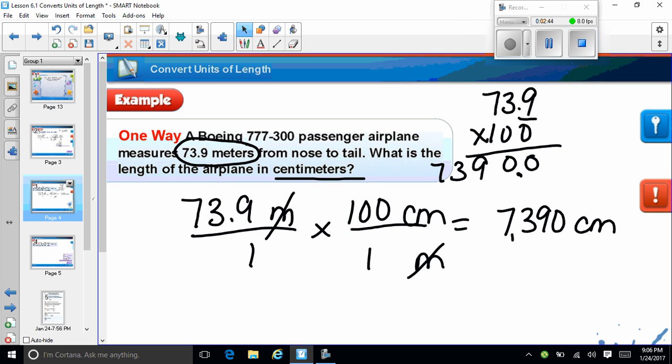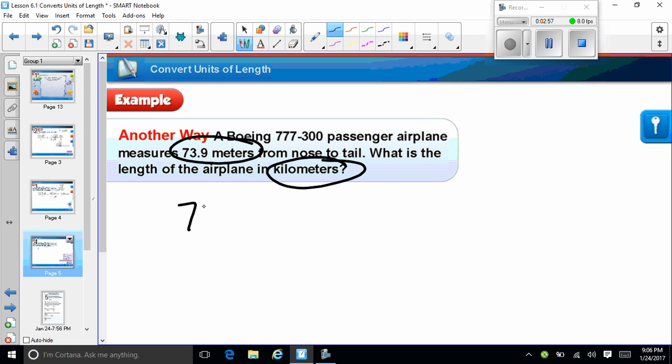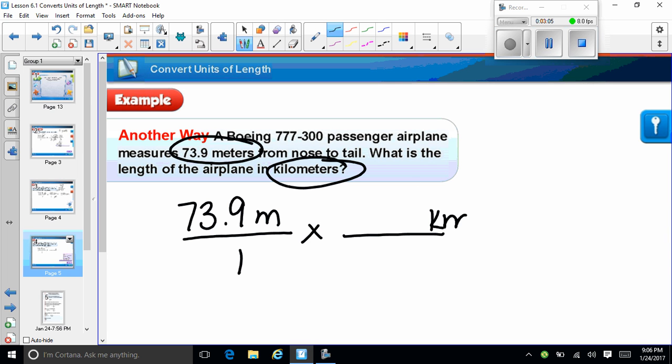Let's take a look at one more. Using the same plane with the same measurement, except this time I want to convert it into kilometers. So I'm going to circle my original, write it over 1, set up my second fraction, and ask myself, how many meters can go into a kilometer?